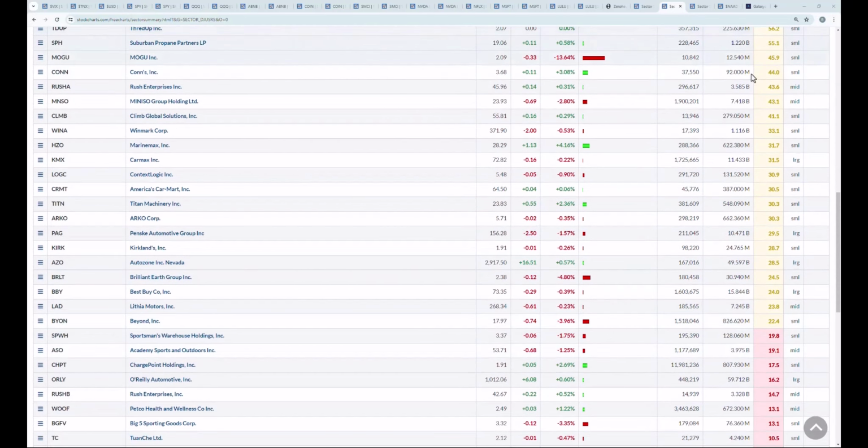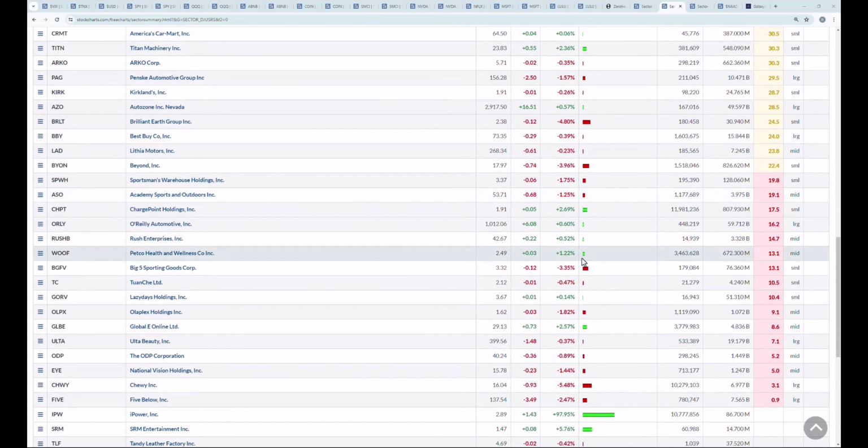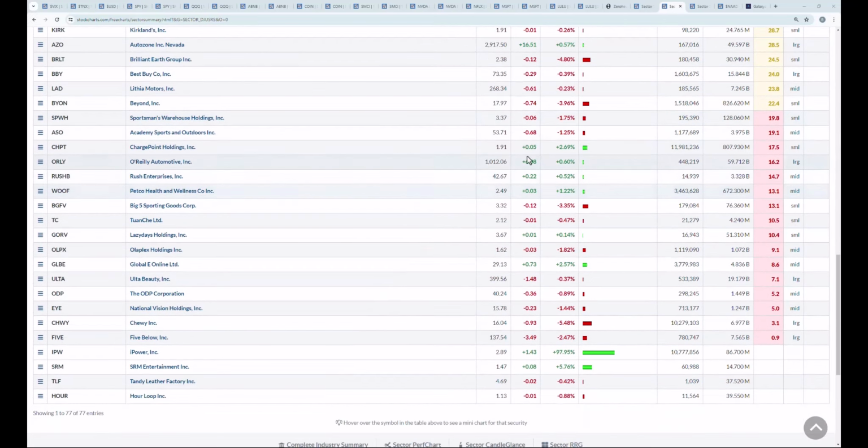So these are the companies that are showing the most amount of problems. We got the middle of the road ones, Mogu and all of these things, but these are like AutoZone, right? Pay attention to AutoZone. It's basically lacking. AutoZone is bomb-proof, but I think it is getting ready to sell off. Maybe I'll do a video on that later. We got Beyond Meat. Okay, look at the bottom half of these.